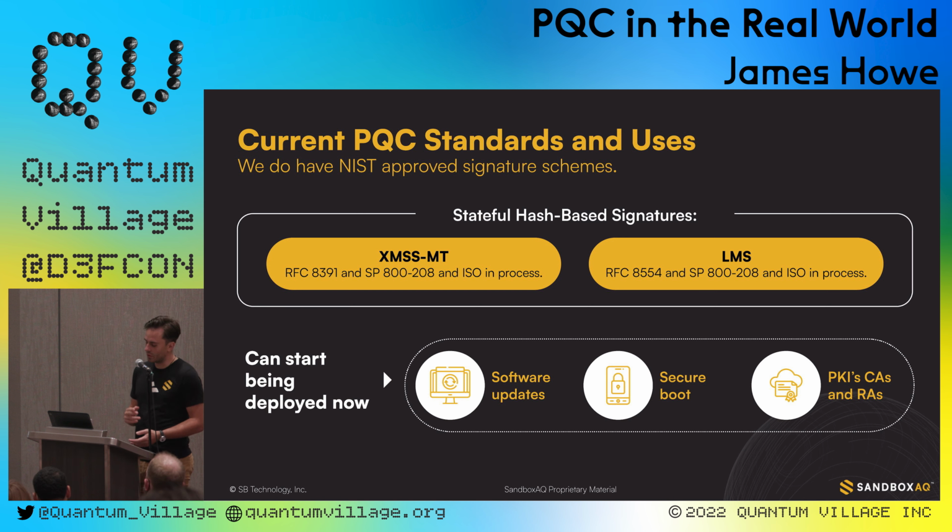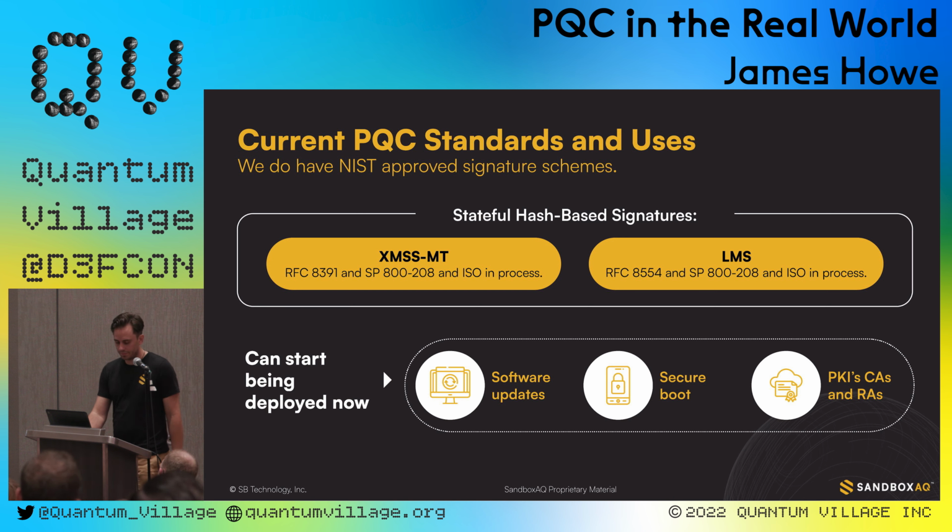And actually, although they're kind of tricky to implement, they have some really cool use cases where they're really suited. So software updates and secure boot are really ideal for these schemes, actually. Yeah, and PKIs, CAs, and RAs as well. So if you really wanted to, you could start using these in the real world.